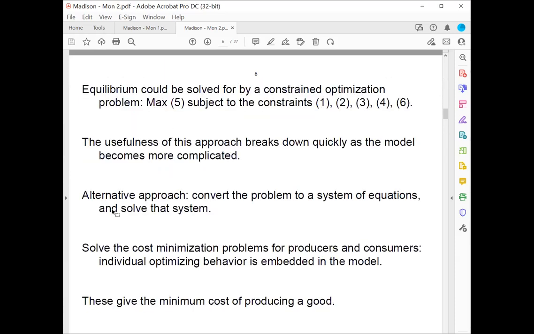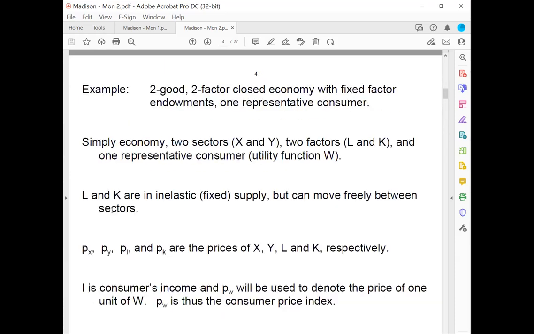Okay, so I'm going to do this all by way of an example. And this is sort of what a trade economist would call a closed economy Hexagon model. There are two goods, there are two factors of production, which we'll call capital and labor. And those are in fixed supply. They're not variable. So households are not going to choose at this point how much labor to supply, how much leisure to take.